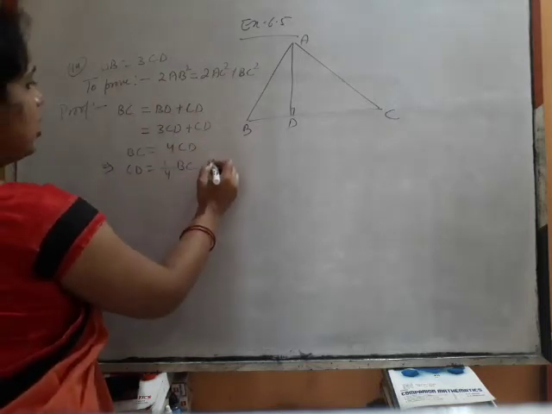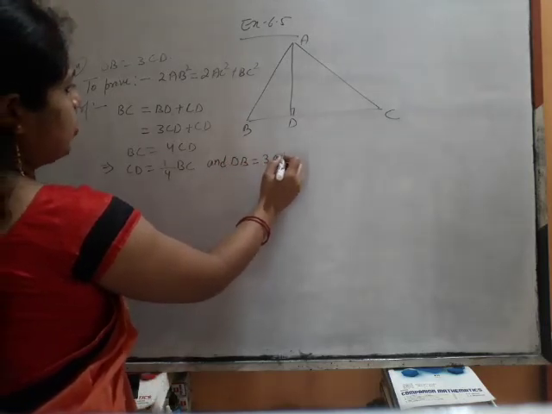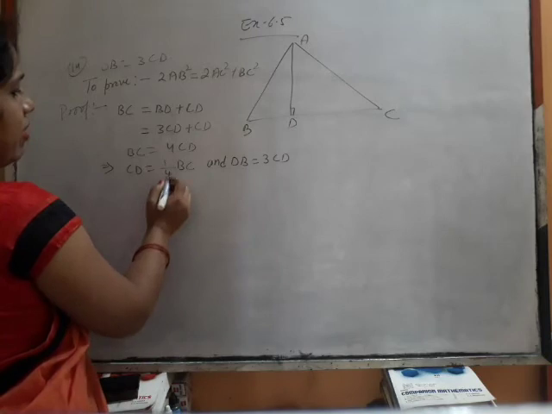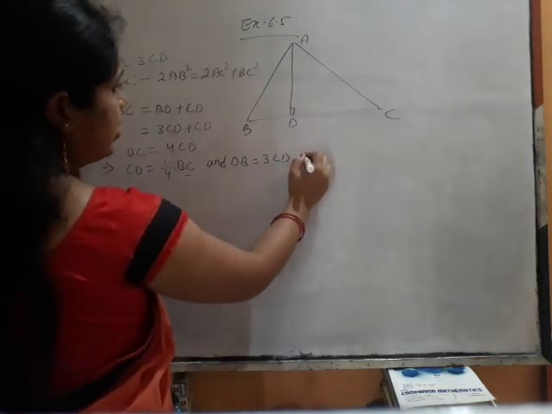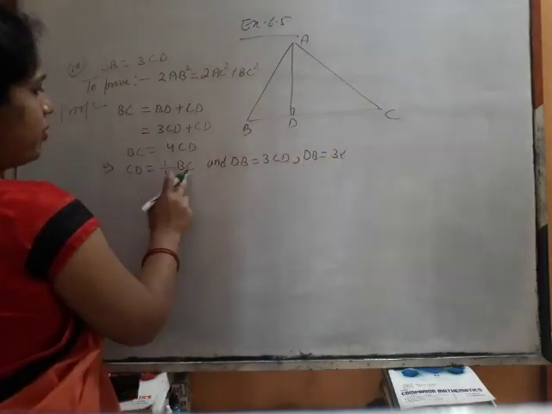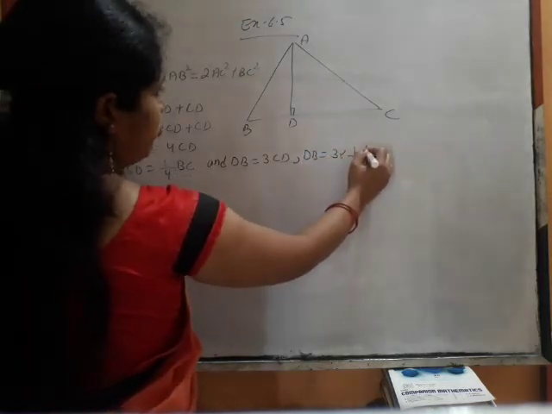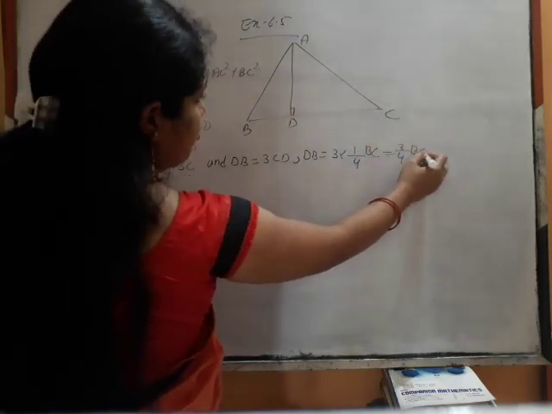Here we have DB is equal to thrice of CD, and CD we have got as 1 upon 4 BC. So from here we will get DB is equal to 3 into this value of CD, 1 upon 4 BC. So it is actually 3/4 of BC.